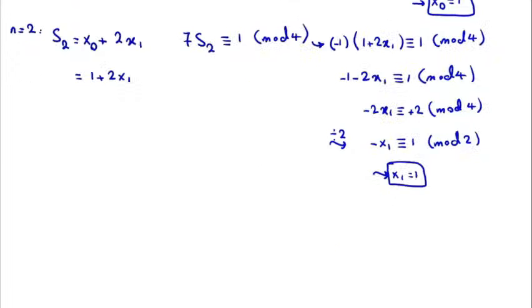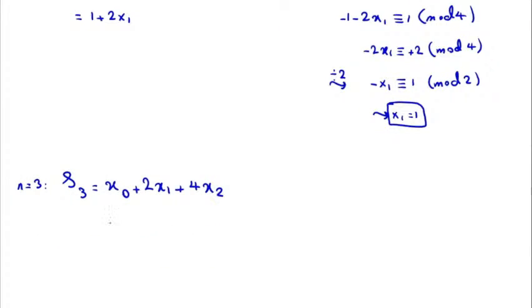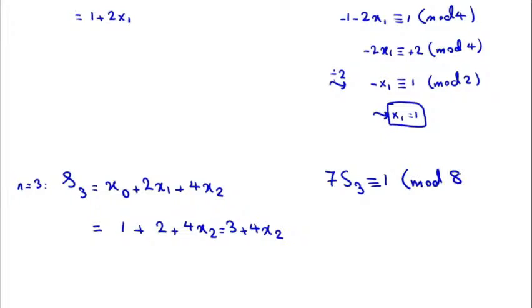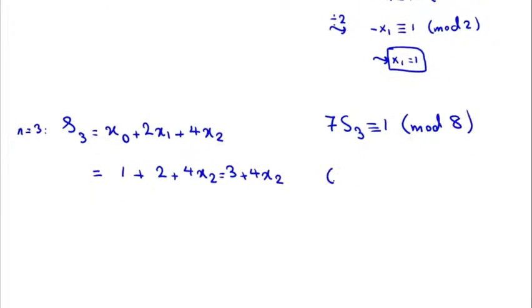Let's check n = 3. For n = 3, S3 is equal to x0 plus 2x1 plus 4x2. Now, x0 is 1, x1 is 1, so 1 plus 2 plus 4x2, which will be 3 plus 4x2. Now, 7 times S3 is congruent to 1 mod 2 to the 3, which is 8. 7 mod 8 is negative 1. So negative 1 times S3, which is 3 plus 4x2, is congruent to 1 mod 8.